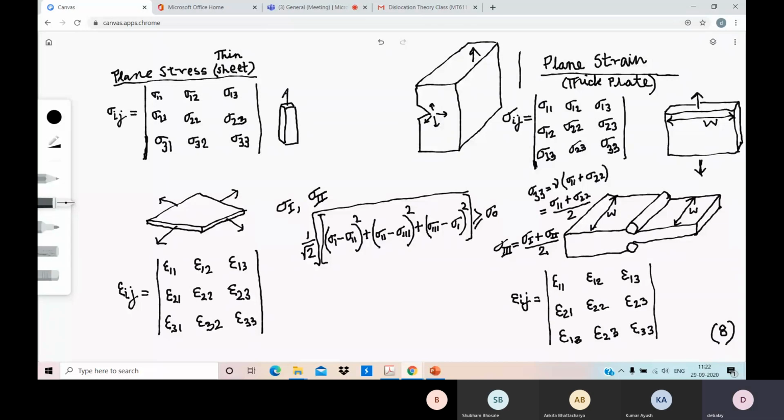On the other hand, if you use a thick specimen, then there will be more constraint, or if there is a notch, then there will be more constraint and your loading will become triaxial.